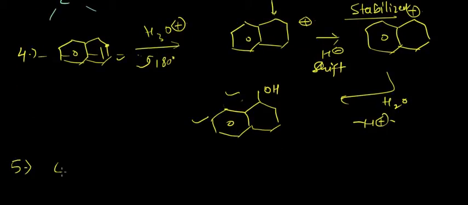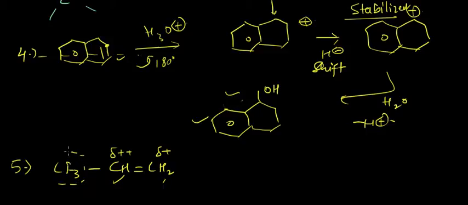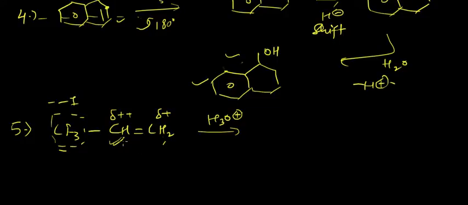Let's take another example. We have CF3 CH double bond CH2. Obviously this carbon atom is having more partial positive charge than this carbon atom. Why? Because of the attachment of the highly minus I group nearer to this carbon atom than to this carbon atom. Hence, on hydrolysis in acidic medium, H will be getting attached here.